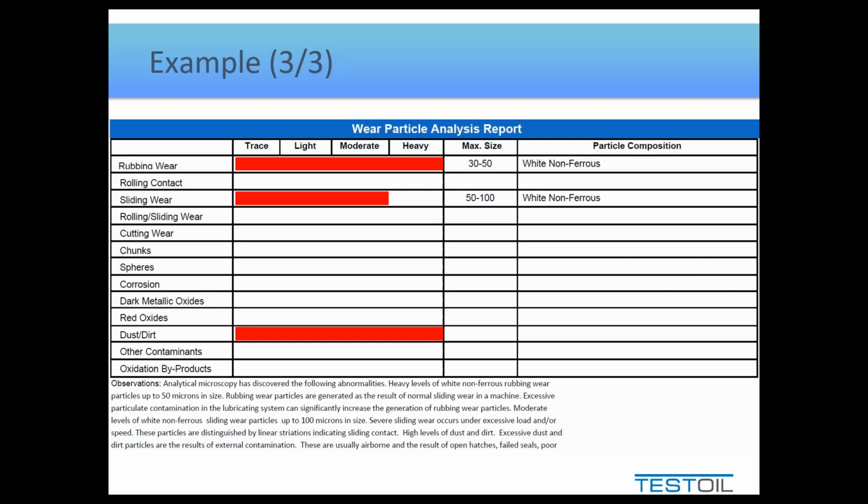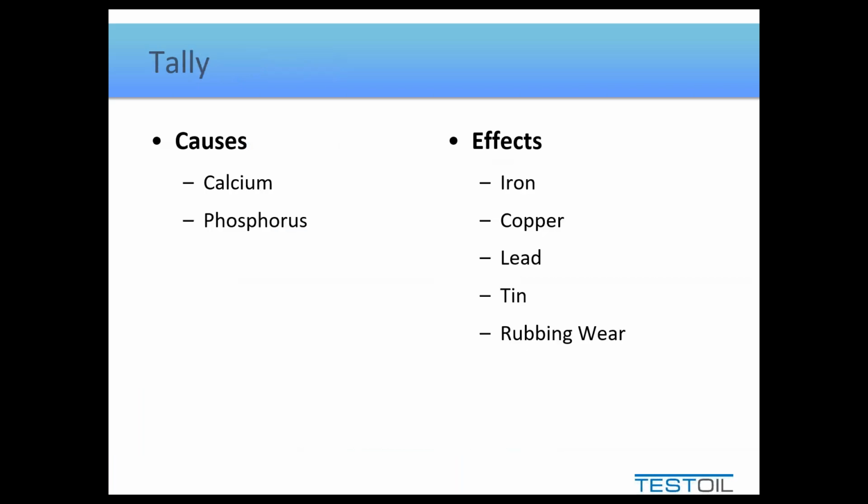Sliding wear is always abnormal, but this one's really abnormal because the particles are even bigger. This is catastrophic wear particles, but it should not be too surprising to us because we do know this is a post-failure sample. But anyways, is sliding wear a cause or an effect? Well, it will be, just like the other ones, an effect. All of these are just effects.